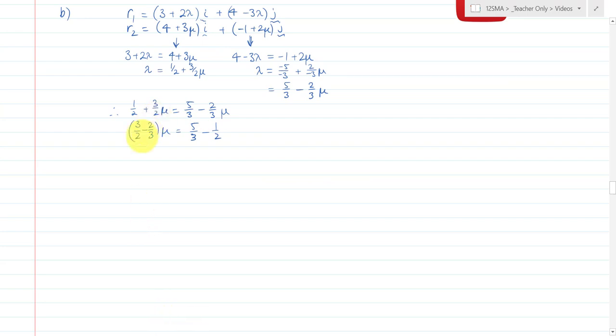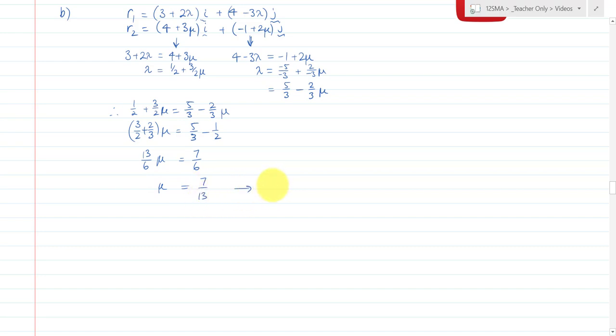Oh, sorry, I've just made that a negative, it should be a plus. Now I have lambda equals something else, which means those two things must be equal: 1/2 plus 3/2 mu has to equal 5/3 plus 2/3 mu. Now I can evaluate these. 3/2 minus 2/3 is 9/6 minus 4/6, which is 5/6 mu. And 5/3 minus 1/2 is 10/6 minus 3/6, which is 7/6.